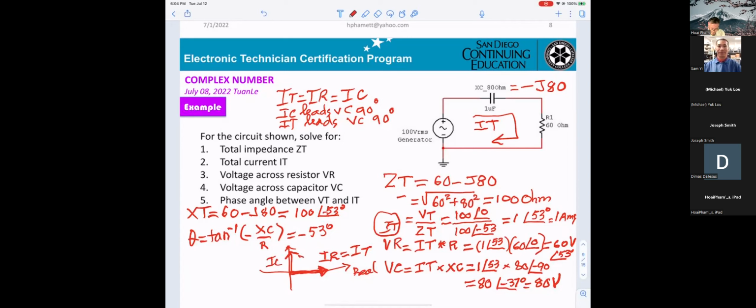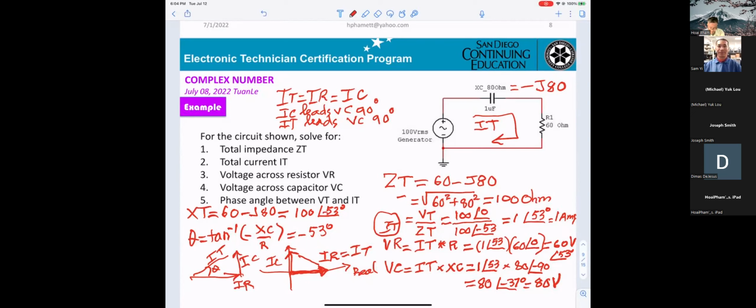And now when you connect that one here, you can see this one is IR, IC, and that is I total. And that's the phase angle. Okay.